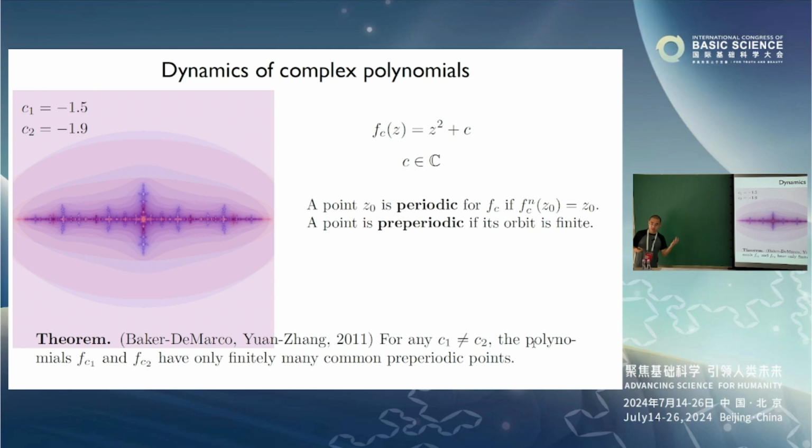So the previous result is that for c1 and c2 not equal, the two sets of preperiodic points of f_c1 and f_c2 are different, right? But it doesn't say that they cannot have infinitely many intersections. But this result says that if c1 is not equal to c2, then the intersection of these two infinite sets can only have finitely many points.